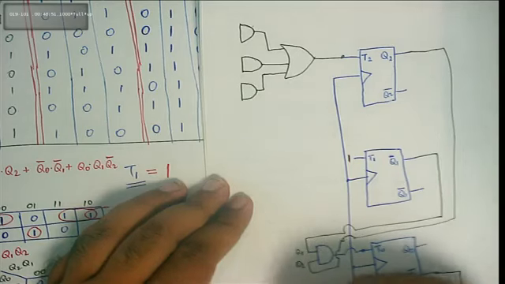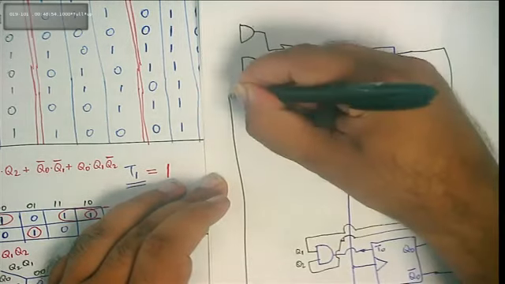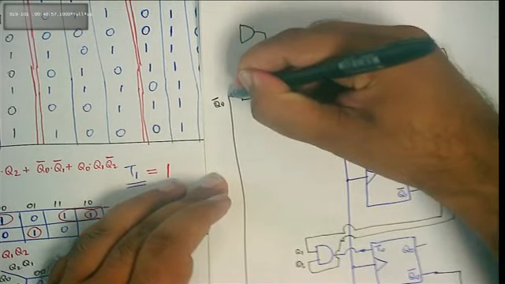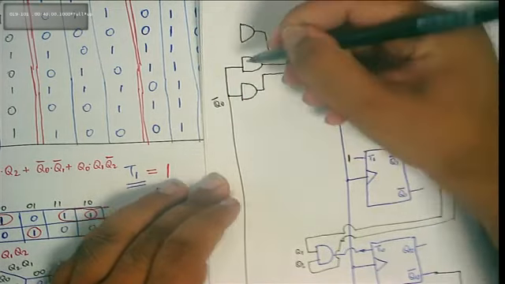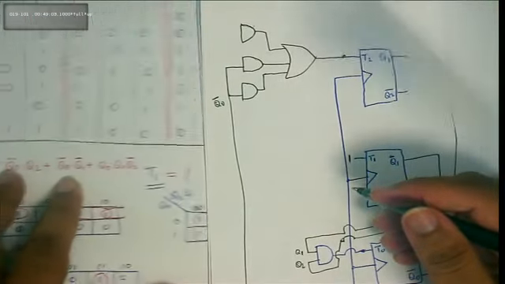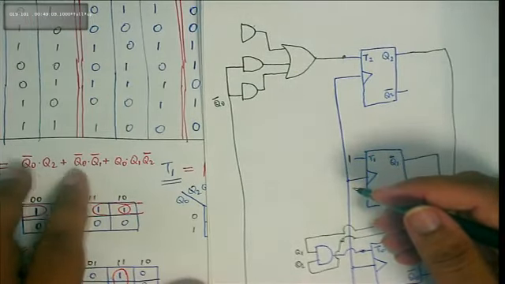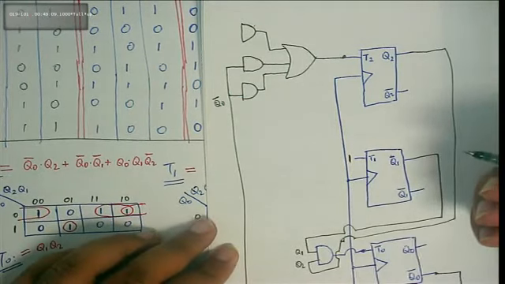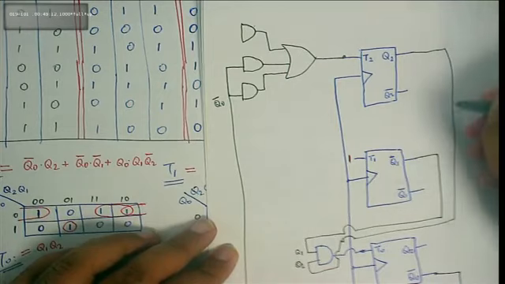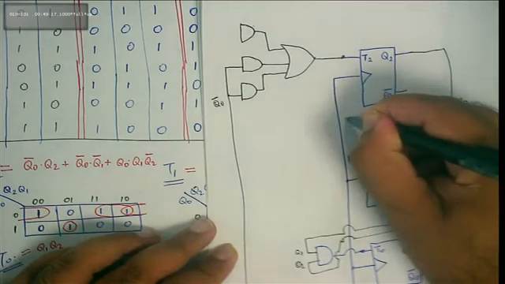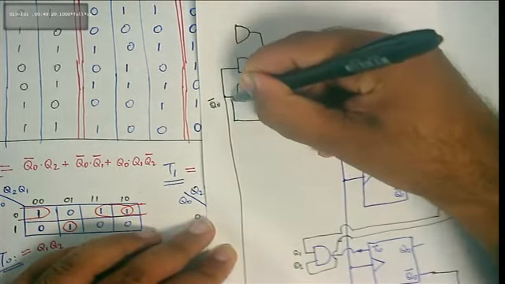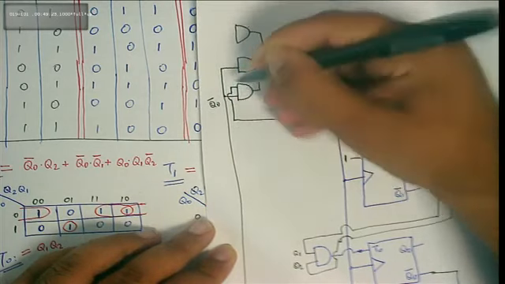Jump the clock line. There, that's Q0 bar. This one here also goes into the second one as well. Can you see Q0 bar is used twice? And it says Q2; that's Q2 over here. Go there. If I can squeeze this in.